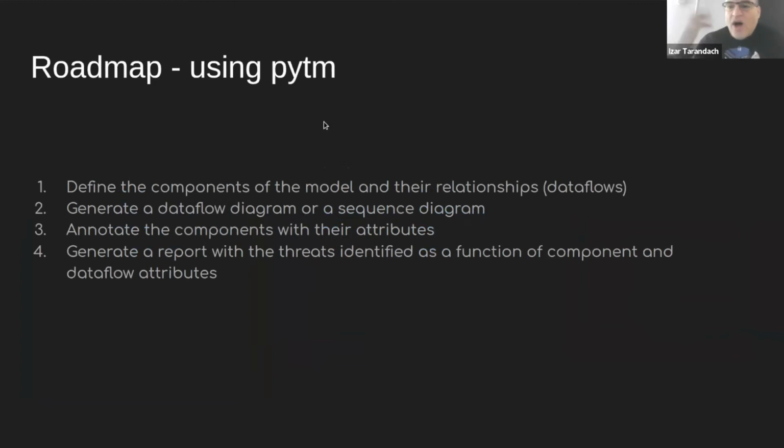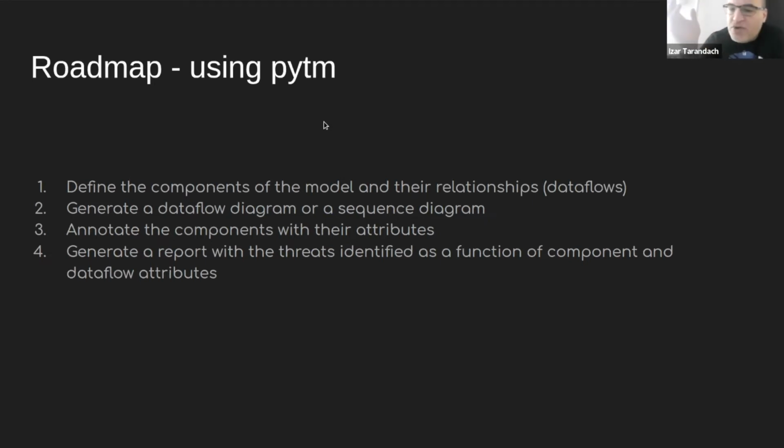So how does the big loop work? You start by defining your components and the relationships, the data flows between them, as objects. Then you can generate a data flow diagram or a sequence diagram or both. We're going to see the differences. You annotate the components with the attributes, those values that are unique to each element.